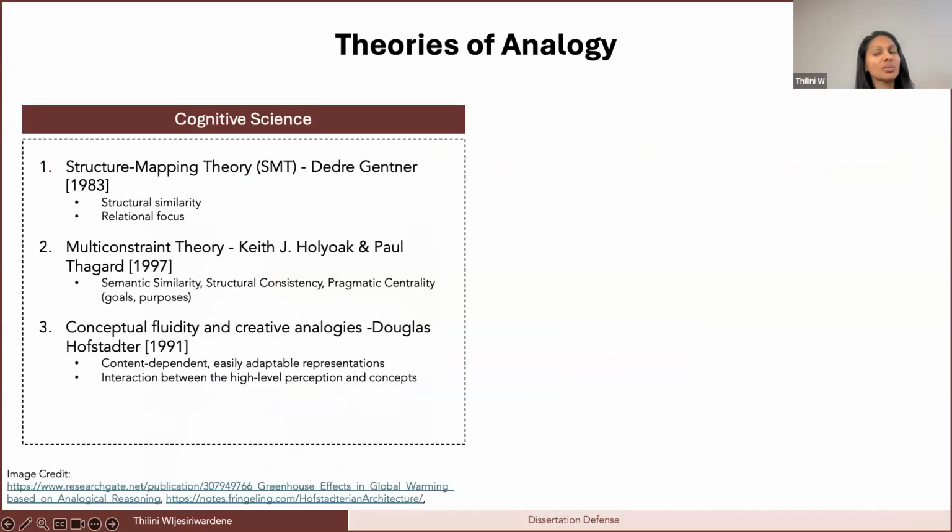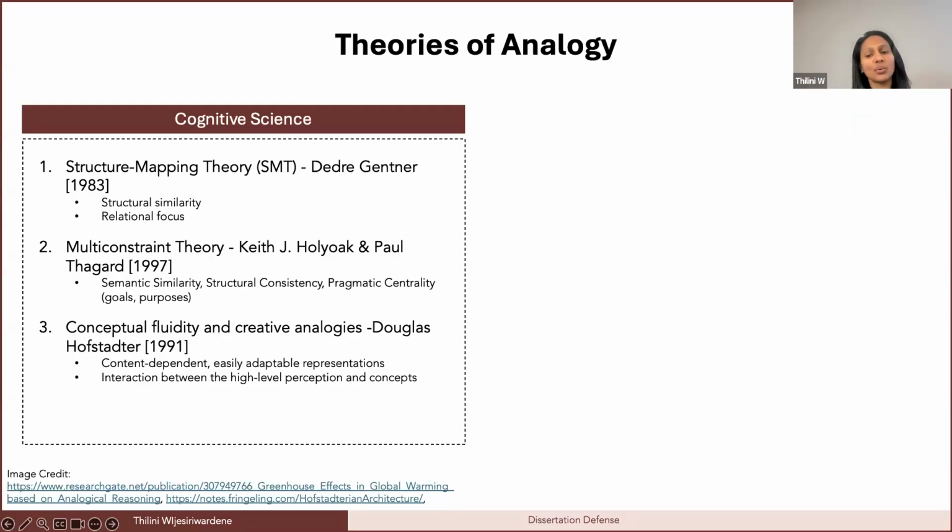And moving on. There are several theories of analogy in different areas of research. In cognitive science specifically, I've picked 3 prominent ones. One is called structure mapping theory, which was introduced by Gentner, and it focuses on structural similarity and the relationships among these different domains.